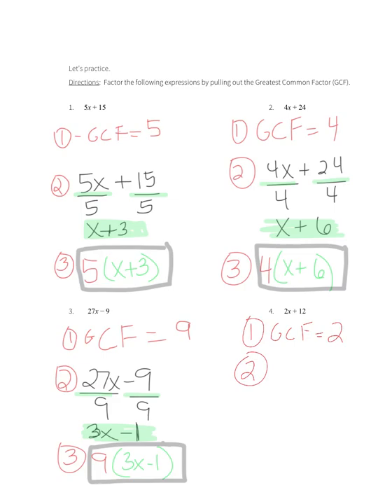Second step is to divide both terms by the GCF. So 2x plus 12. And we need to divide both by the GCF, which is 2. We get an answer of x plus 6. And our third step is to rewrite the expression by putting the GCF on the outside and putting the simplified expression on the inside.